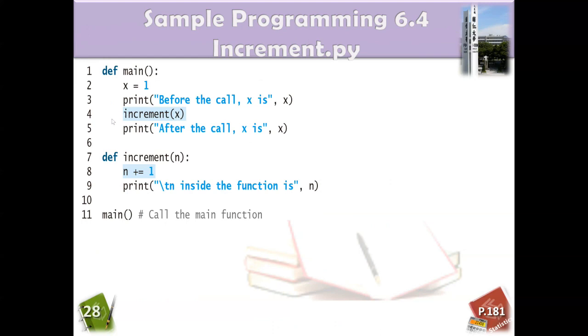Inside this function, x becomes n, and n will be plus 1. And we print a backslash t, which means we'll jump 8 spaces. So what is n inside the function? After the call, x is... So let's try that and see what the difference is and what the result is.